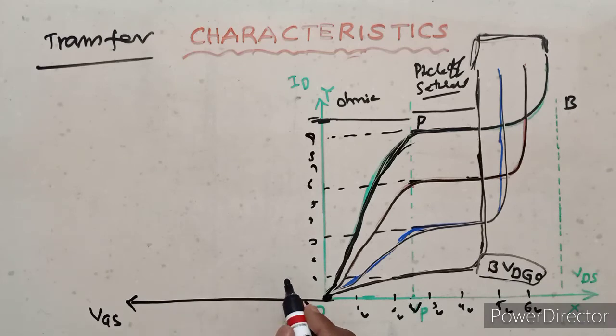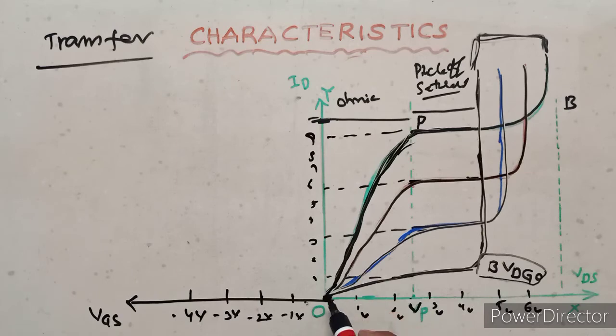So first of all, this is 1, this is 2, this is 3, this is 4: 1 volt, 2 volts, 3 volts, 4 volts in negative values.